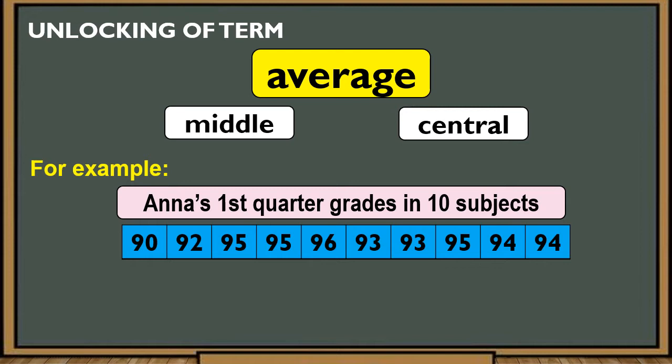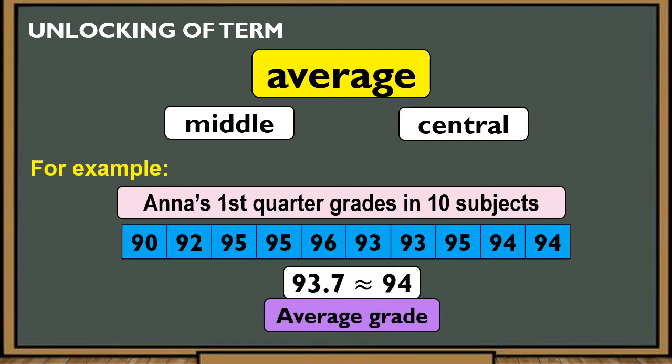We simply add the grades and divide it by 10. The average grade is 93 and 7/10, or 93.7, or approximately equal to 94.